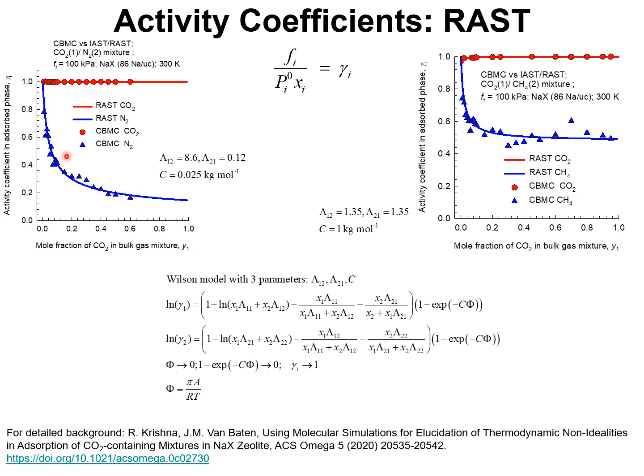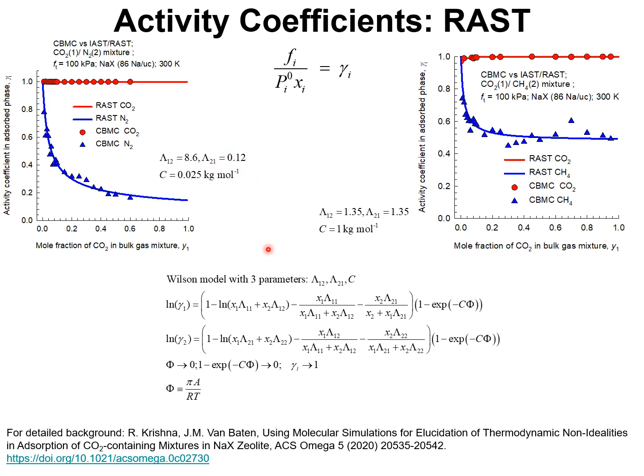The CBMC data are shown by the symbols, and the continuous red and blue lines are the calculations of the RAST using the Wilson model as shown here, and the parameters chosen in the fit are provided here. Lambda 12 is 8.6, lambda 21 is 0.12.